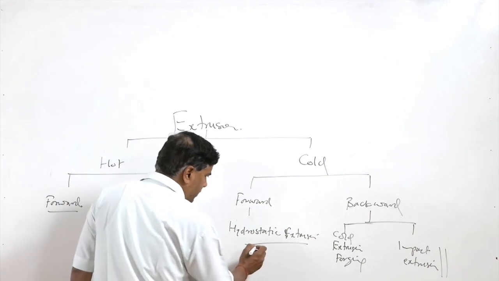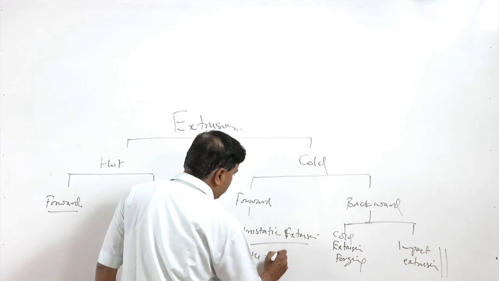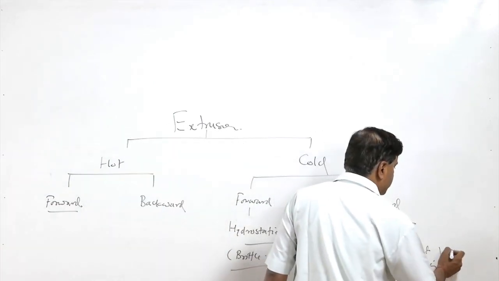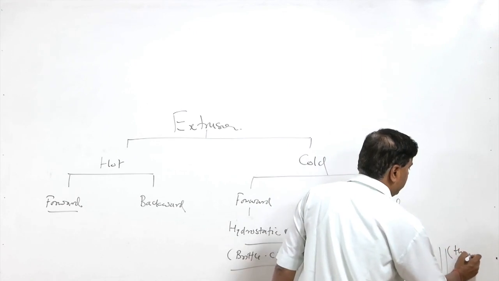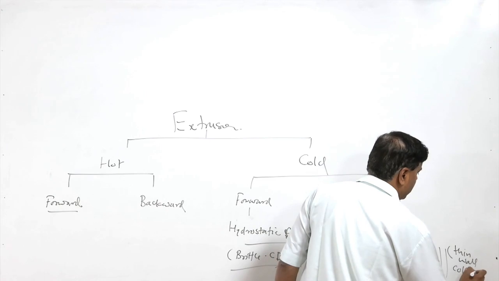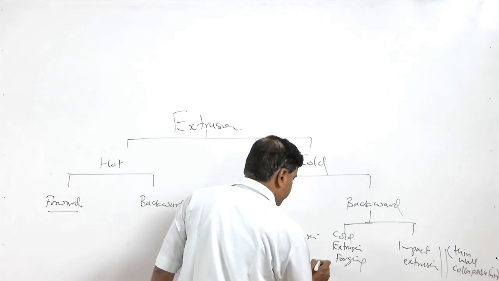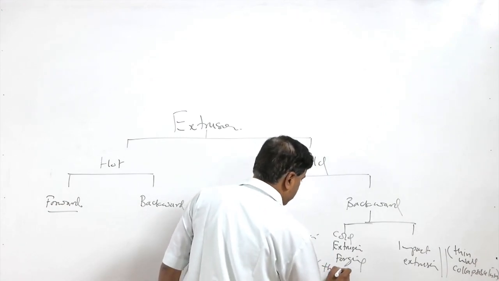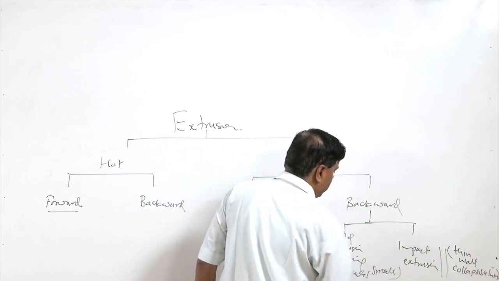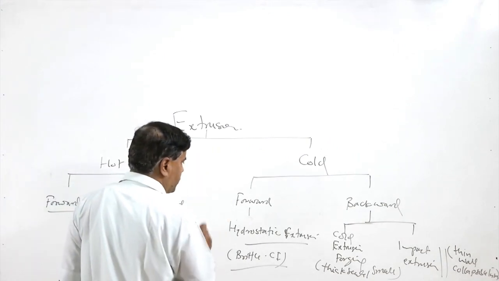Hydrostatic extrusion is mainly used for brittle materials like cast iron, which helps to apply uniform pressure. Impact extrusion is used for making thin walled collapsible tubes, while thick sections and small components are made with the help of extrusion forging.